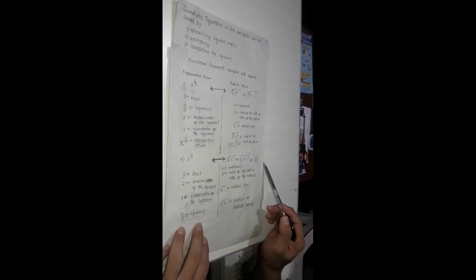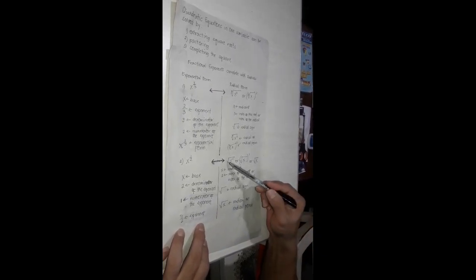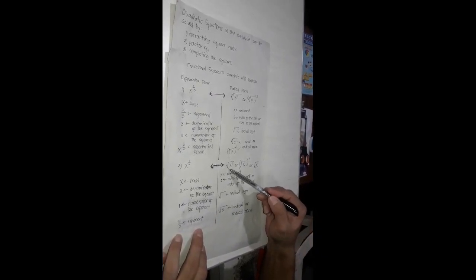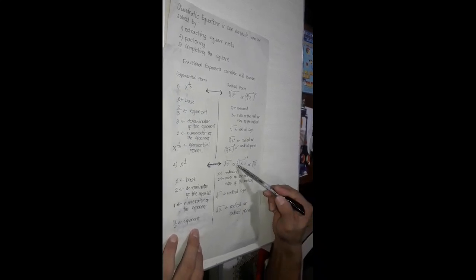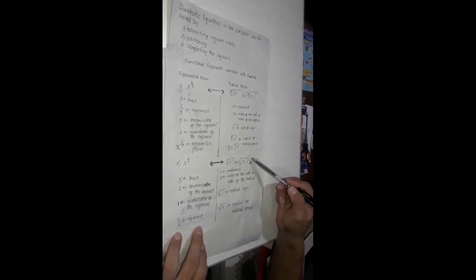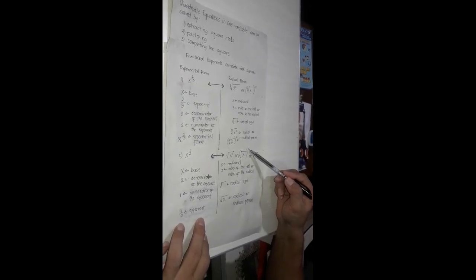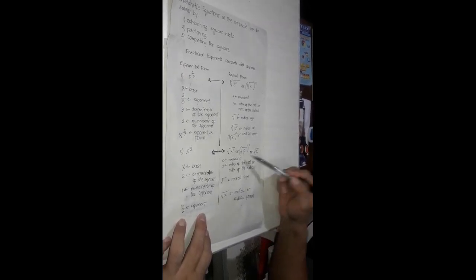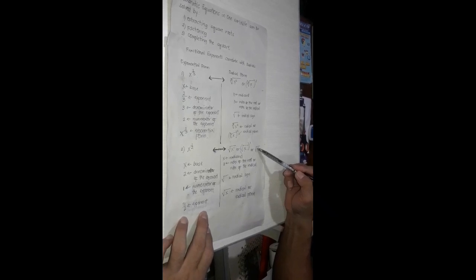So changing the exponential form of x raised to 1/2 to radical form, this is the square root of x raised to 1, or the quantity raised to 1 of the square root of x, or simply the square root of x.